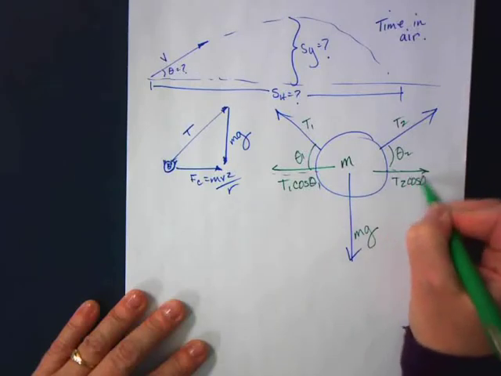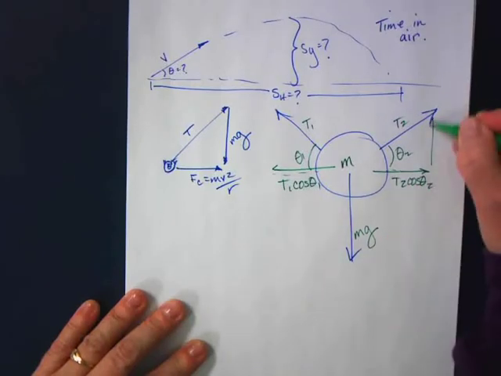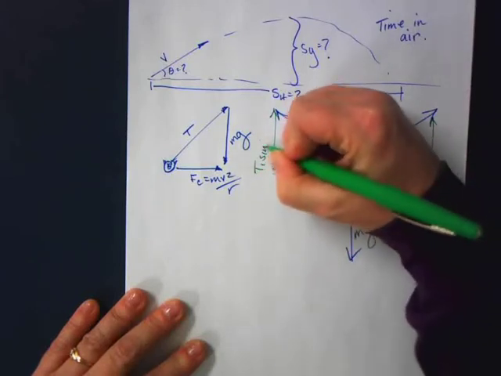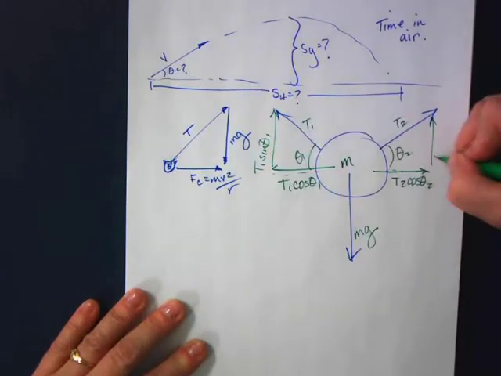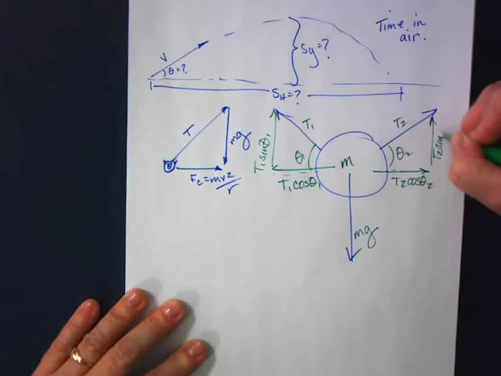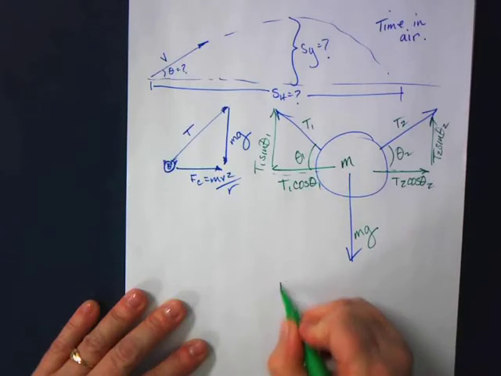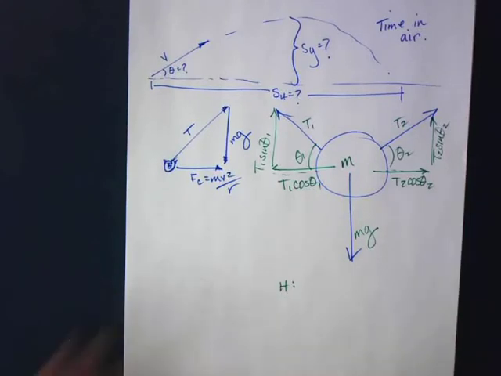T1 cosine theta 1, T2 cosine theta 2, and then the vertical components, T1 sine theta 1, T2 sine theta 2. Okay? So what would the horizontal equation be? We're just using variables, but obviously you'll have numbers.